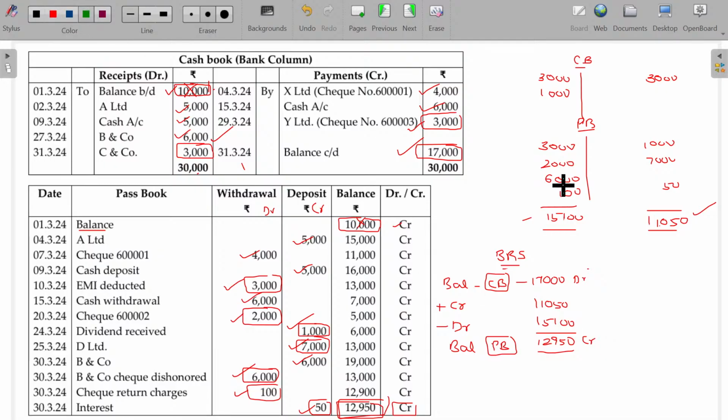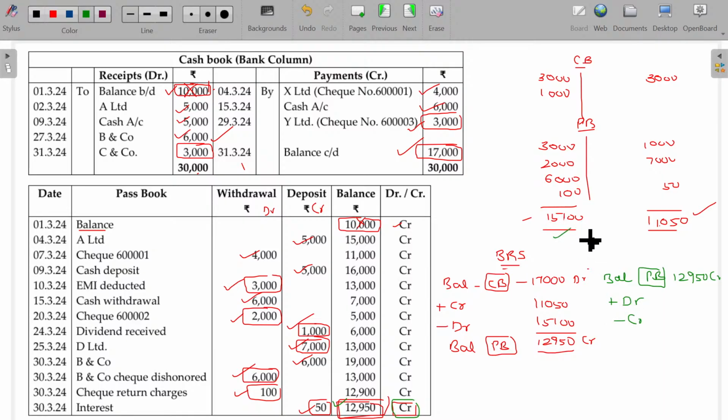Sir, can I start with the balance as per passbook, sir? Yeah, of course. If you start with the balance as per passbook, as on the year end or period end, being 12,950, what about this one? Credit balance. If you start with the credit balance, the opposite side should be added, and the same side should be subtracted.